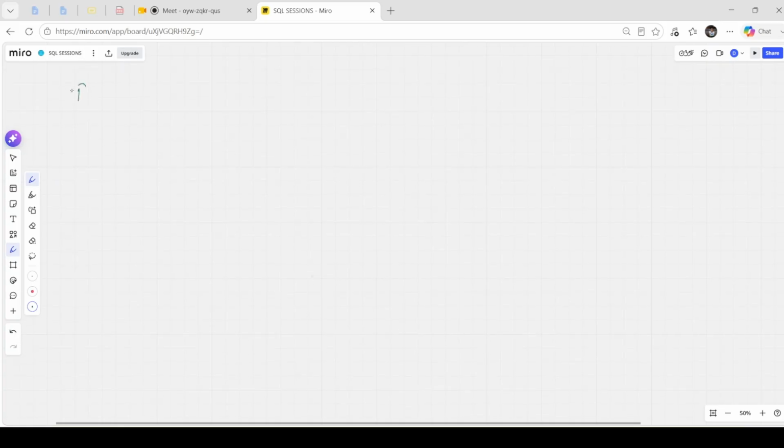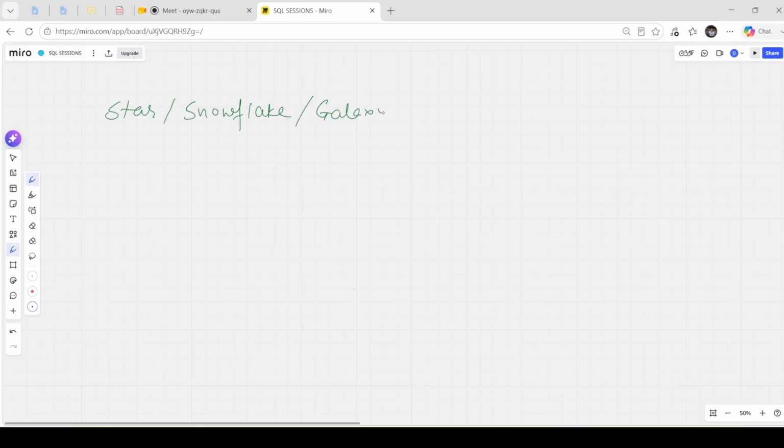Okay, so why we are discussing fact and dimension is, let's understand here all the three schemas that we are going to talk about. That is the star schema, and then we have snowflake schema. So snowflake is not the cloud provider, okay, it's a schema name. And then we have galaxy. So this is just the design pattern which uses fact and dimension table.